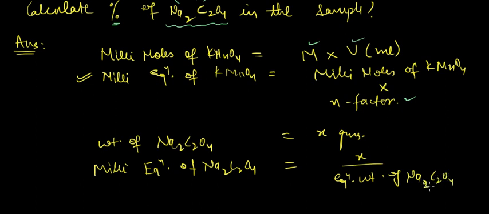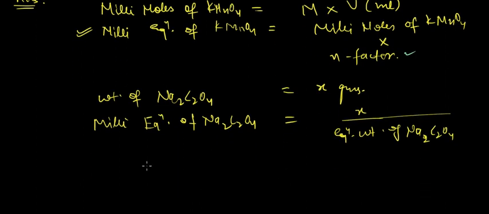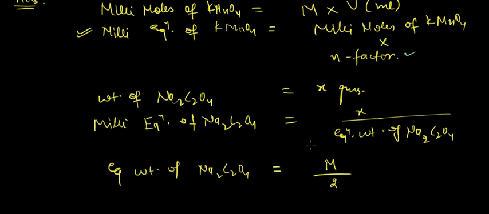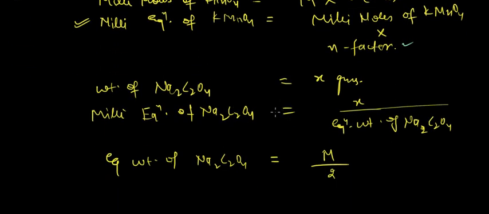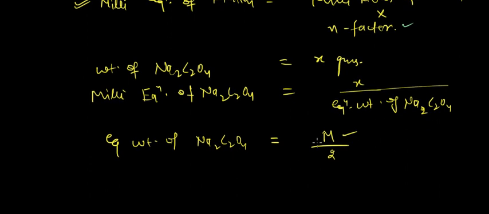Na2C2O4. Okay, so equivalent weight of Na2C2O4 would be nothing but molar mass of Na2C2O4 divided by 2, as the n factor of C2O4 in the above reaction would be 2. How? It is going from +3 state to +4 state, hence n factor would be 2, because there are 2 carbon atoms also present in the compound. Hence you can calculate the molar mass of Na2C2O4.